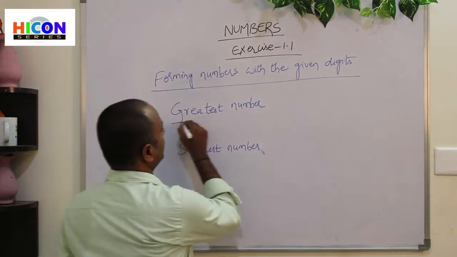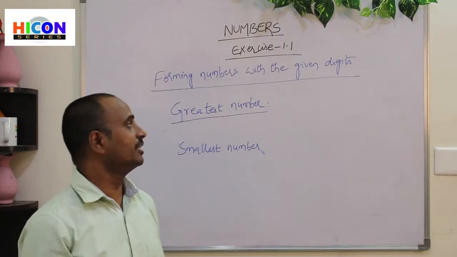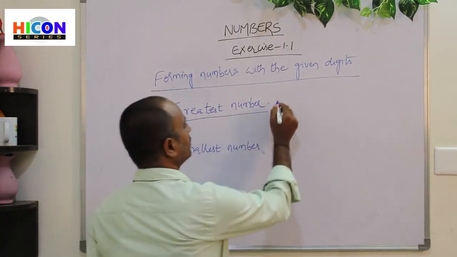The greatest number can be obtained by arranging the given digits in descending order.